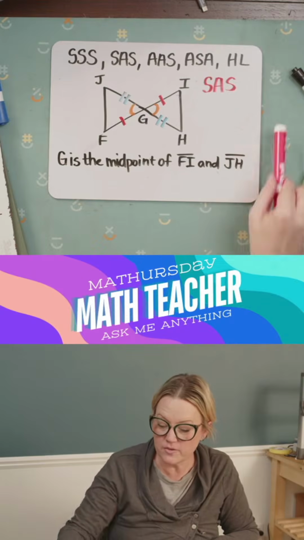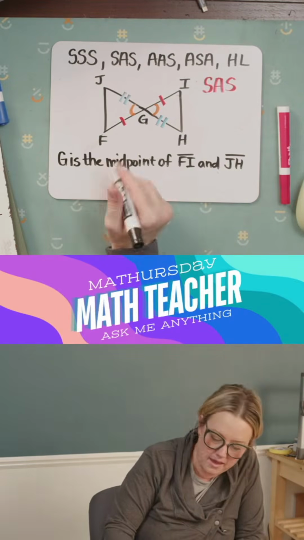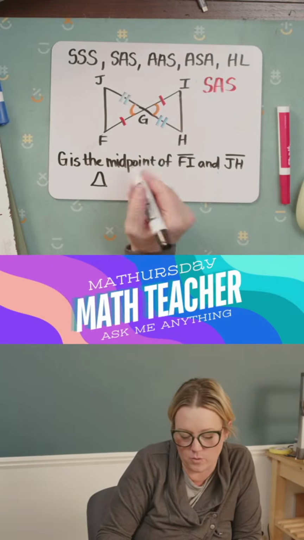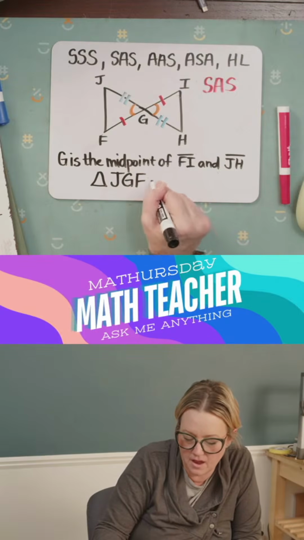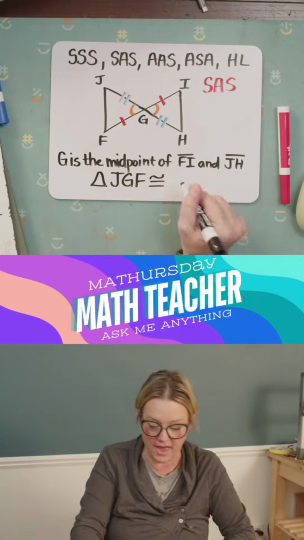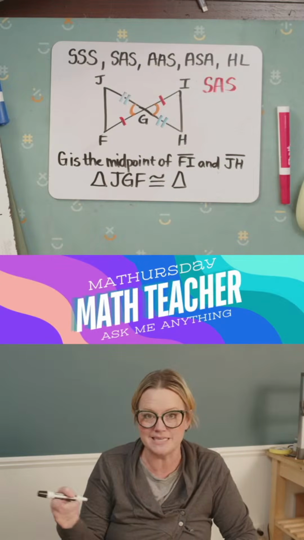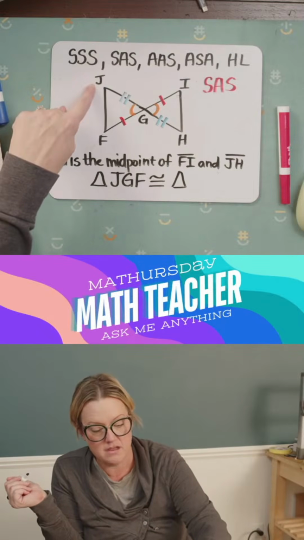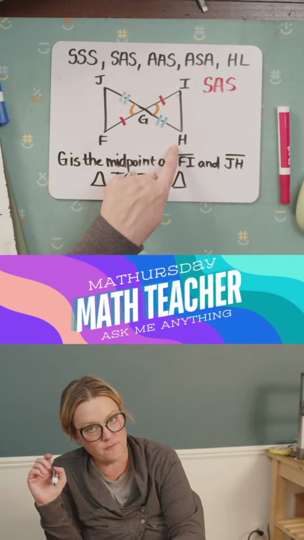Okay, so now if we wanted to do a congruence statement, the first triangle in our congruence statement, it doesn't really matter what order we go in. I'm just going to go JGF, okay? What matters is that our other triangle does have to be in the matching order, the CPCTC, right? The corresponding parts. So angle J corresponds with angle H. Be careful with these, right?